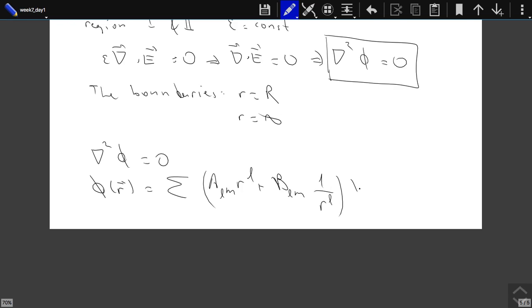Now let's start with the solution. Do you remember the general solution of the Laplacian in spherical coordinates?